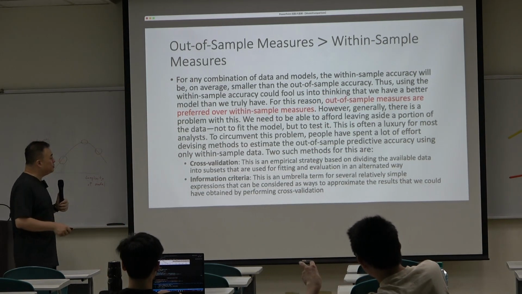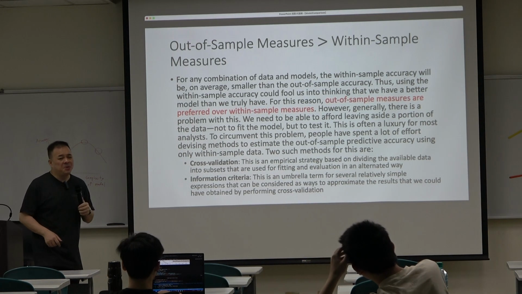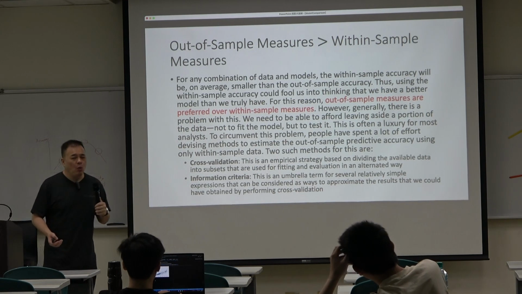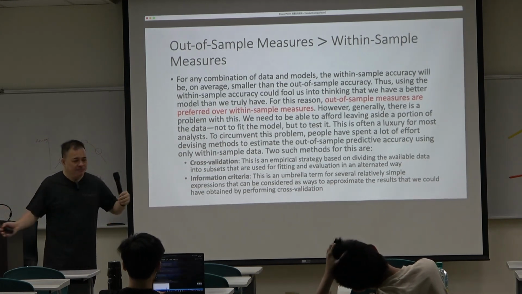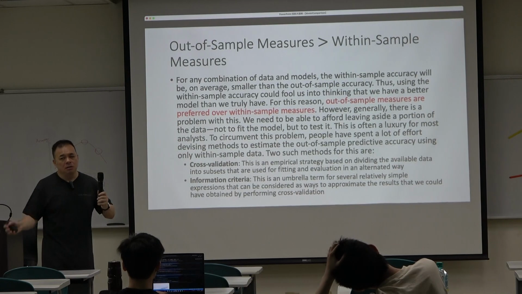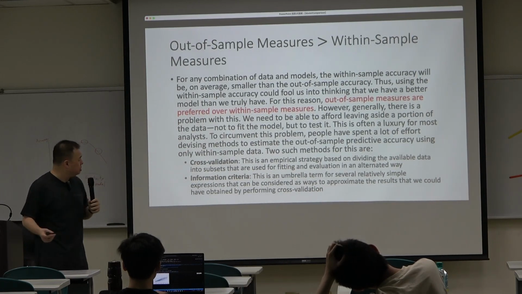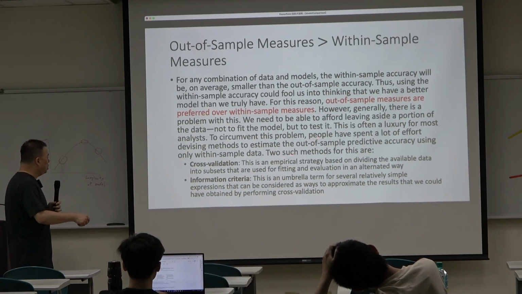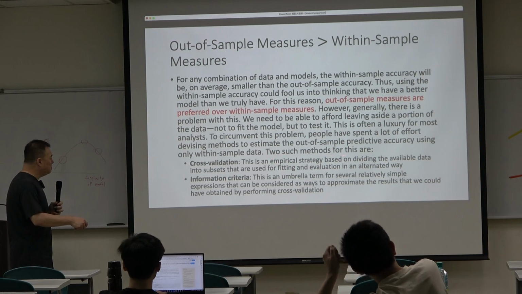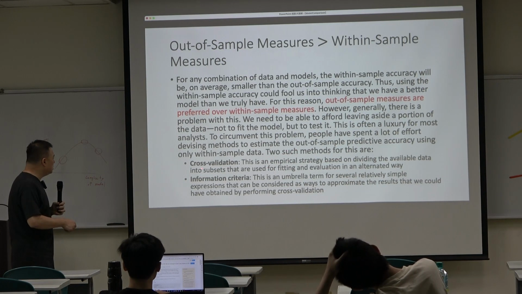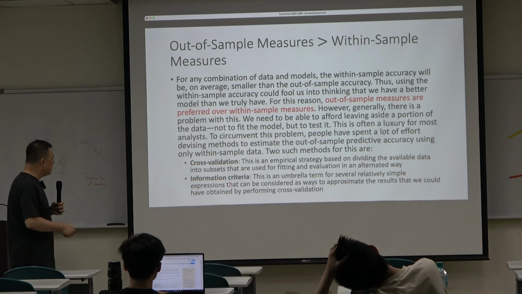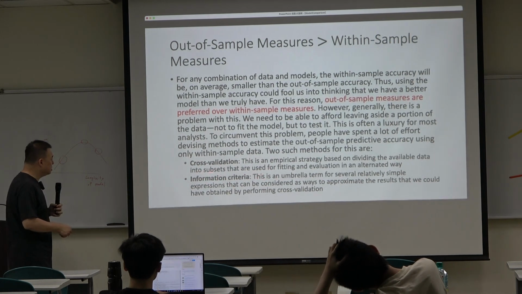So how do we fight with that? We want to use all the data to train the model, as much as possible, at least. How do we do that? There are two methods. One is called cross validation. The other one is information criteria.